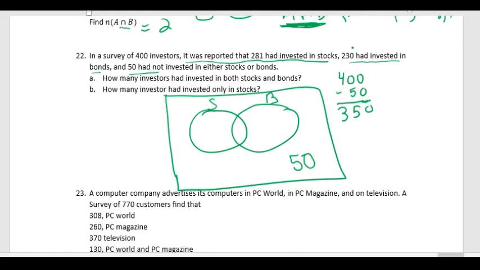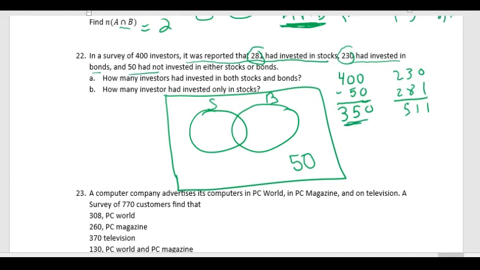Now, if you notice, we have 230 that invested in bonds and 281 that invested in stocks. If you add those two numbers, 230 plus 281, it's going to be way over the amount that we have left.